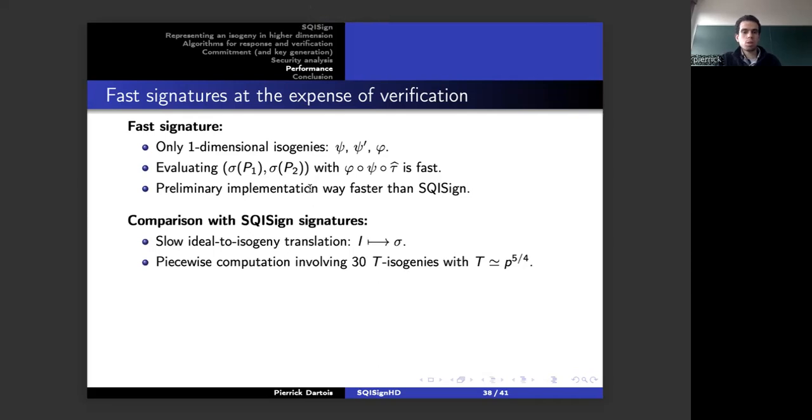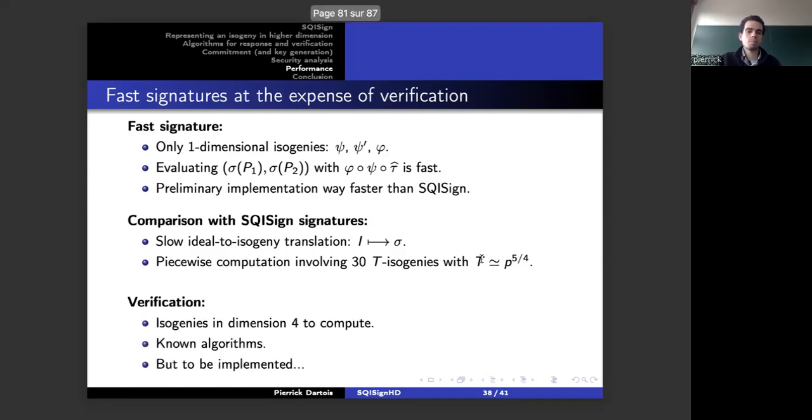On the contrary, in SQISign, we recall that we need this costly ideal-to-isogeny translation, involving a piecewise computation of the isogeny sigma with 30 T-isogenies, where T is a power-smooth integer close to p to the 5/4, but which is less smooth than the integers that we had in SQISignHD.